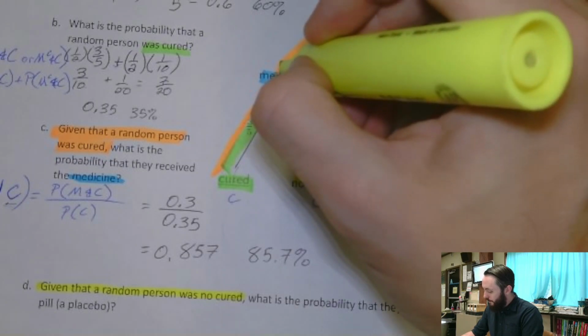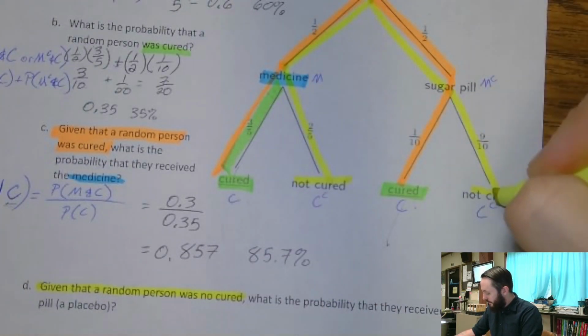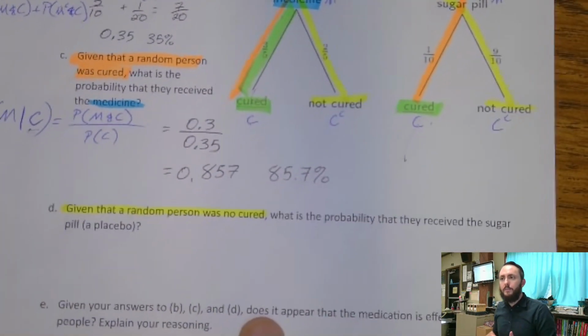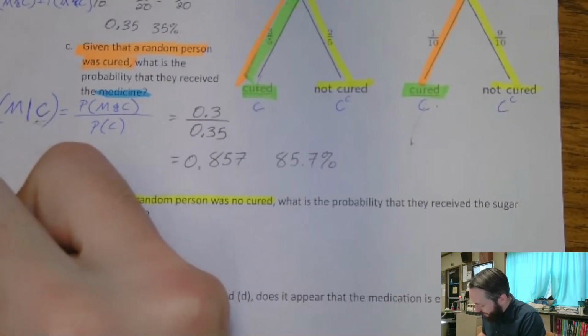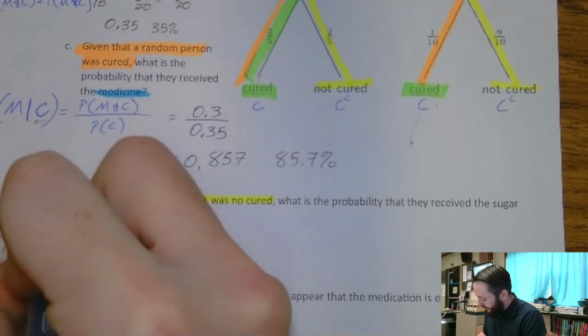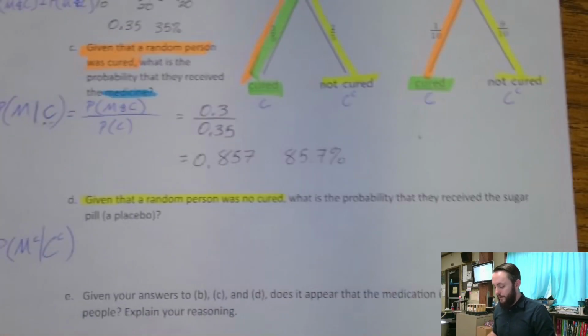So we're going to need to find the probability that they're not cured, and we're going to follow the same pattern as before. That they receive the sugar pill. So we're looking at this, given that they are not cured.